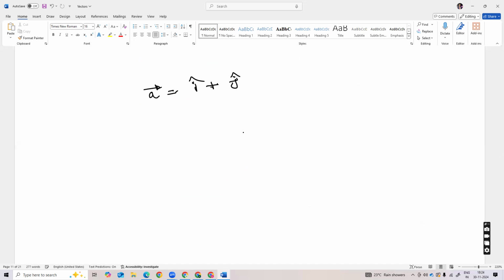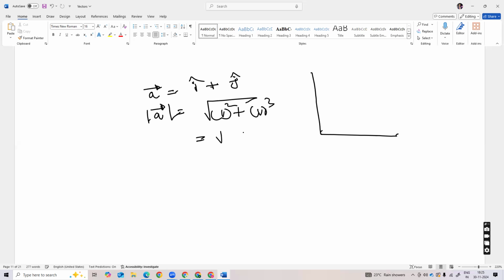I plus j means both the x and y components are of equal magnitude, equal to 1. So the magnitude of vector A here will be root of 1 square plus 1 square, so it will be root 2.